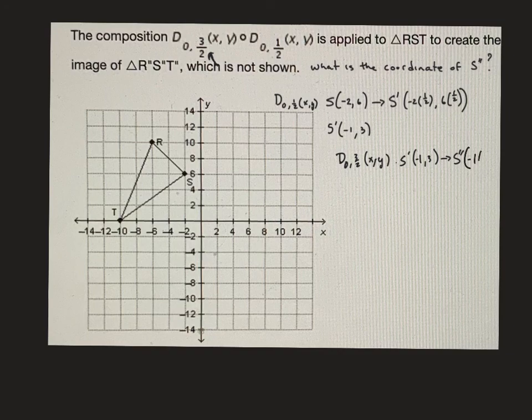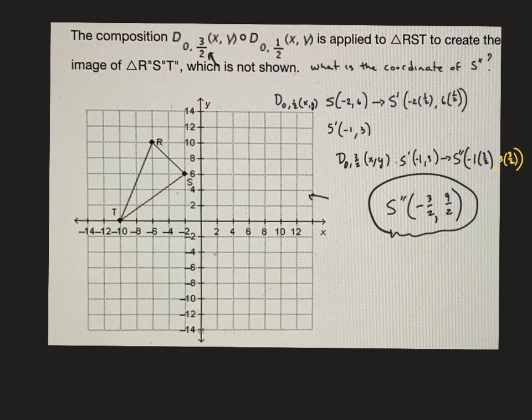X is going to be -1 times that scale factor, which is 3/2, and Y is going to be 3 times that 3/2. So it looks like my new point will be (-3/2, 9/2), which should be the new location for my S''. So -3/2 and 9/2.